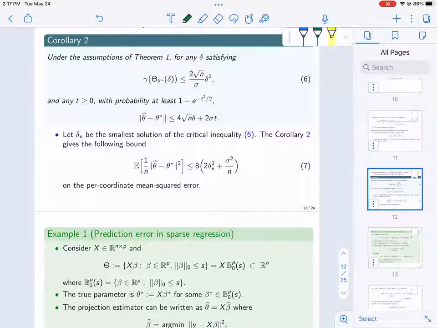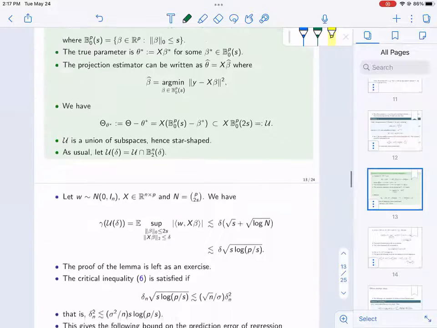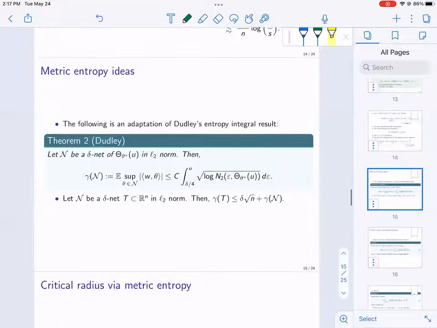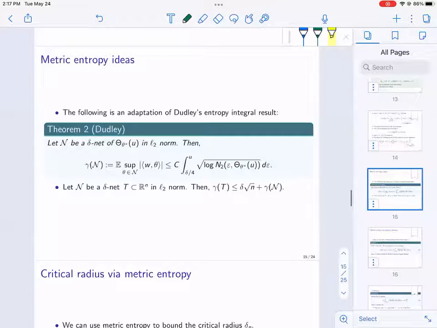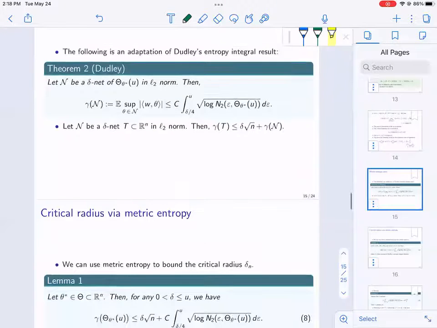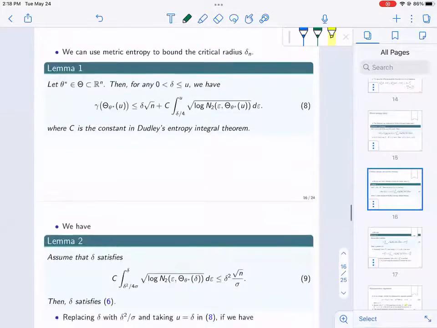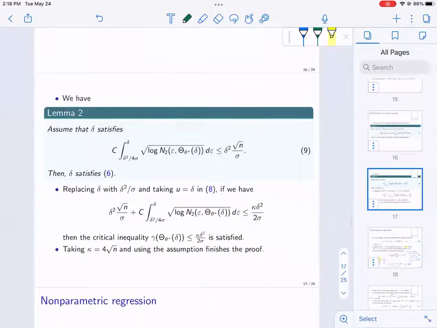We did this, for example, for this sparse regression case. There's another way via the metric entropy idea. The Gaussian complexity of, let's say, a net can be controlled by Dudley's integral, and we did some calculations. That's the lemma that we want to use.